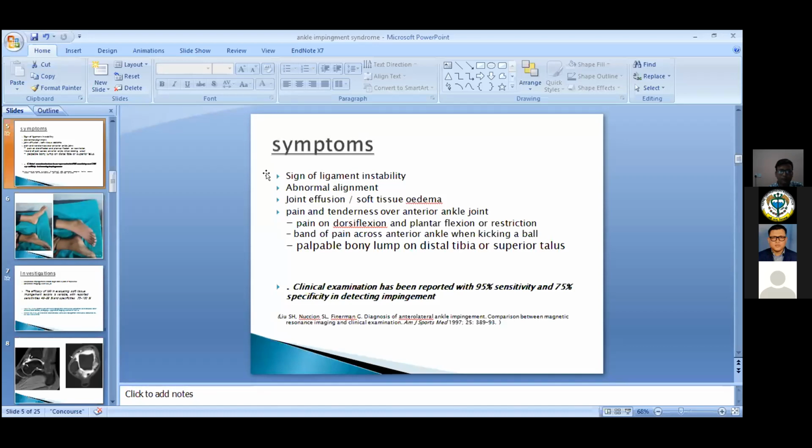On examination, there may be a palpable bony lump on the distal and superior talus. A study suggests that clinical examination has been reported to have 95% sensitivity and 75% specificity in detecting impingement syndrome. So clinical examination alone is very efficient for diagnosing impingement syndrome and pathology of the ankle joint.